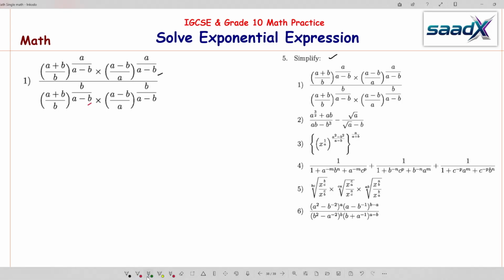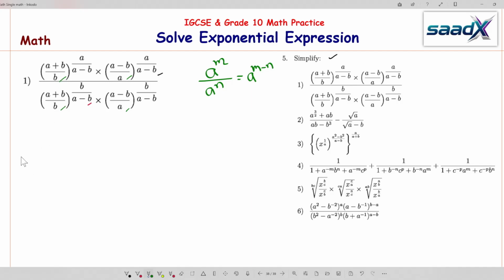So, if you look carefully, here is a plus b by b and here is also a plus b by b, and here a minus b by a and also a minus b by a. We know that when the bases are the same, like a to the power m divided by a to the power n, the powers are subtracted in division, so it is a to the power m minus n.